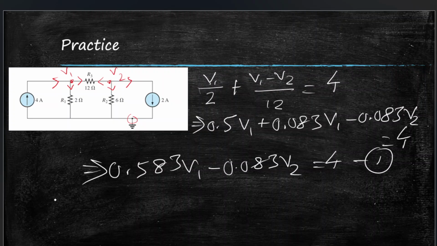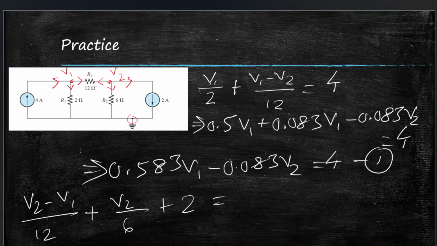Now for V2, equation 2 will be, so 2 amperes is exiting, all the currents are exiting from V2. So we will have V2 minus V1 over 12 plus V2 over 6 plus 2 amperes is equal to 0.